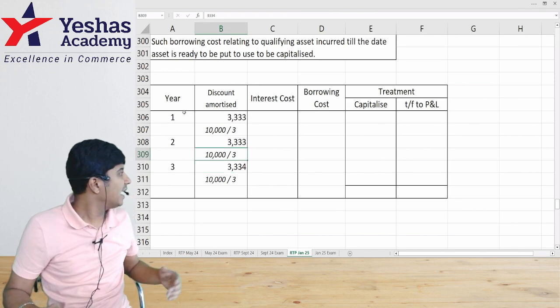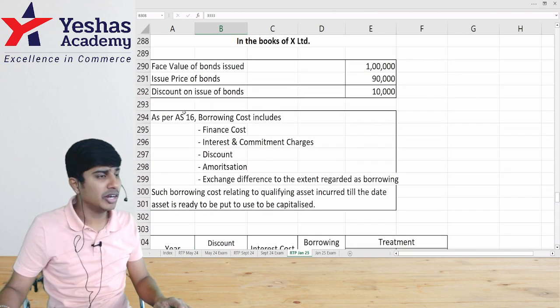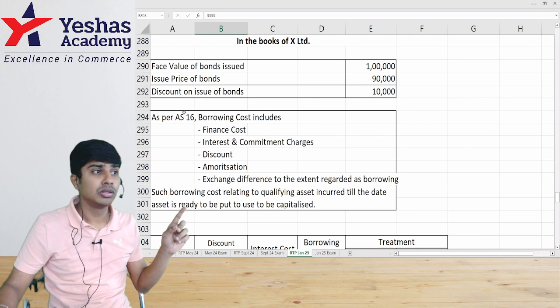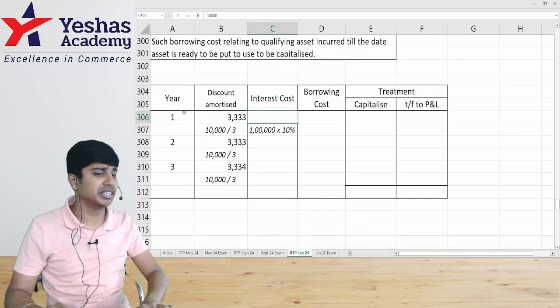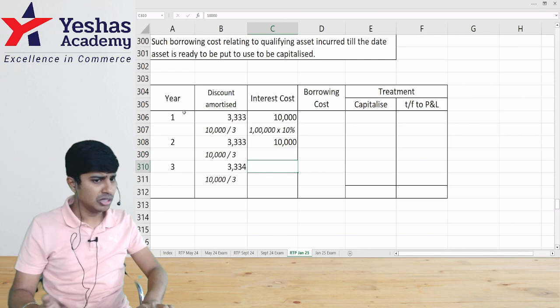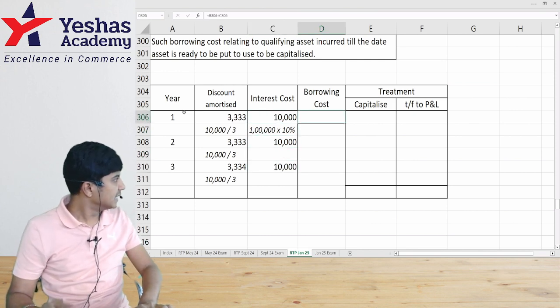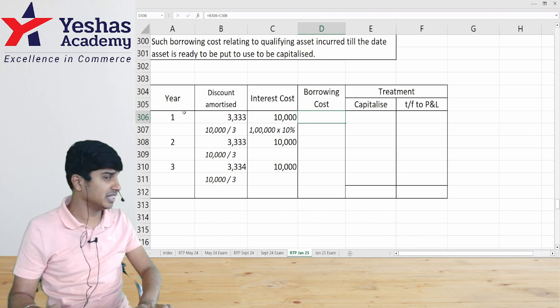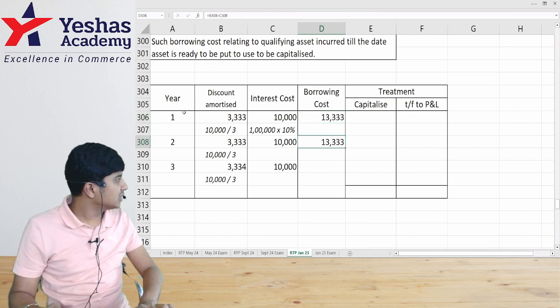Got that? And how much is the borrowing? Borrowing is 1 lakh. You pay interest on face value, not on the issue price. On 1 lakh, interest rate at 10% as mentioned in the question: 10,000 for year 1, 10,000 for year 2, 10,000 for year 3. Total borrowing cost for year 1 is 10,000 plus 3,333, 13,333. For year 2, 13,333.